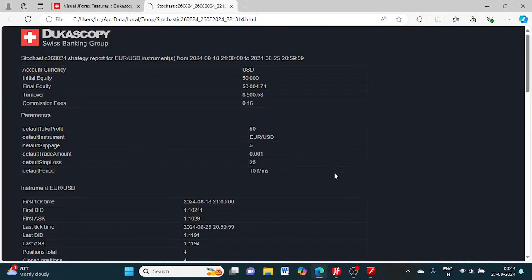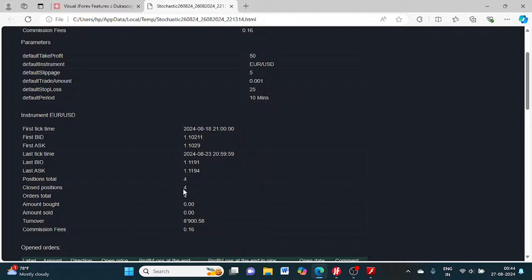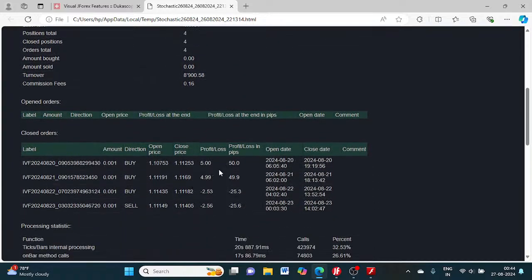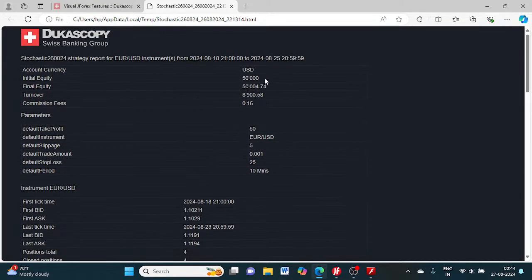And by the end of the week, we had four trade executions with two ending in profit, two ending in loss. We started with the initial equity of $50,000 and the final equity was at $50,005, almost $5, because we were using the lot size which was quite small.